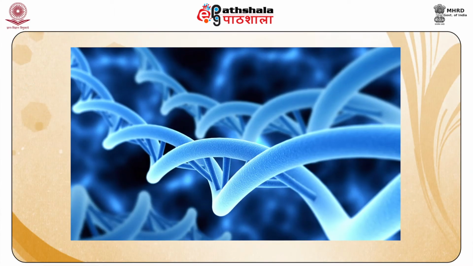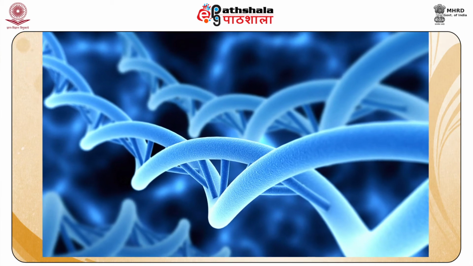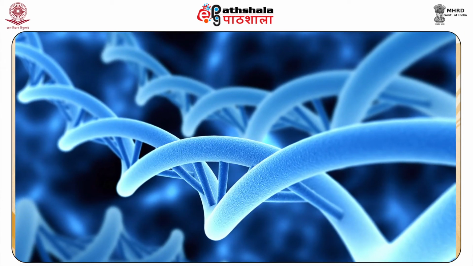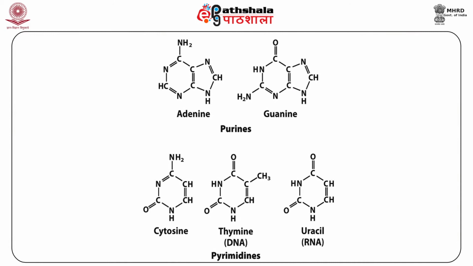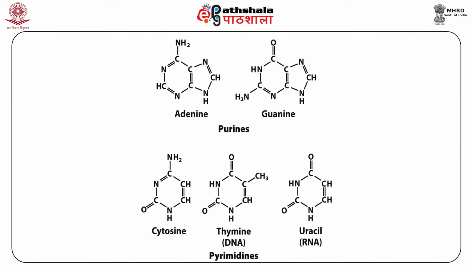The complete instruction book or genome for a human contains about 3 billion bases and 20,000 genes on 23 pairs of chromosomes. Further, the nitrogenous bases fall into two categories: purines and pyrimidines.